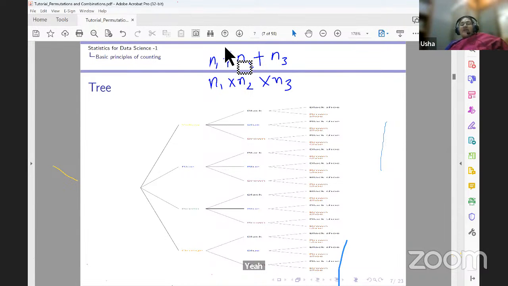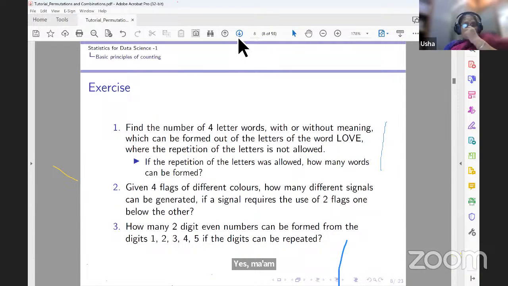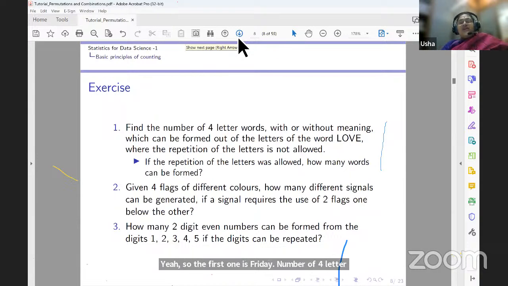So let's look at a few questions here. The first one is find the number of 4-letter words with or without meaning. These are the common questions that are usually asked, which can be formed out of the letters of the word LOVE. Repetition of the letters is not allowed. So if repetition of letters is not allowed, I have 4 letters.